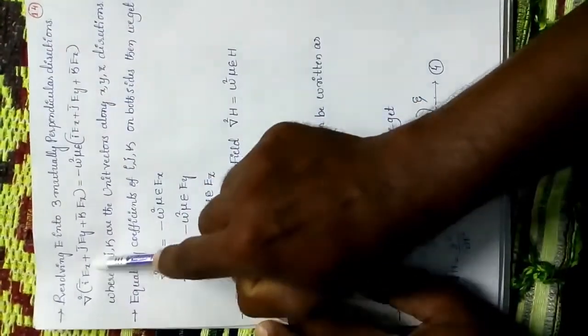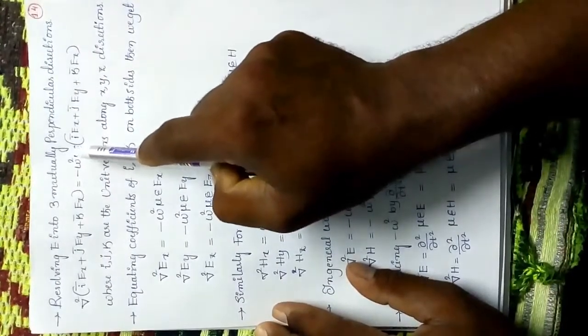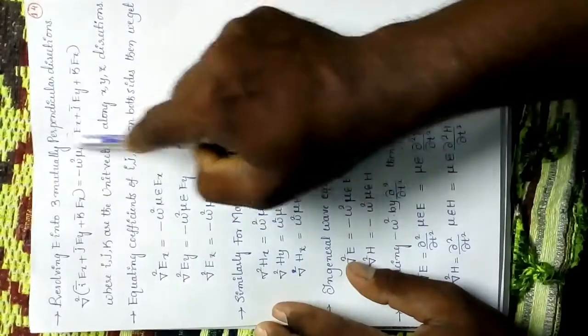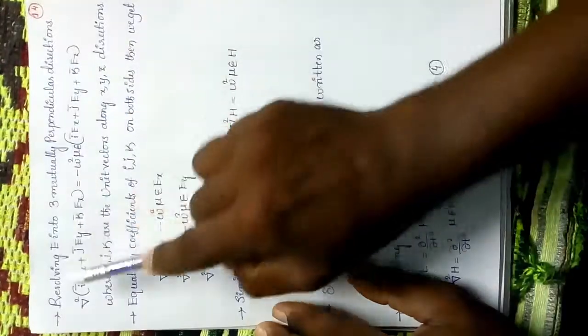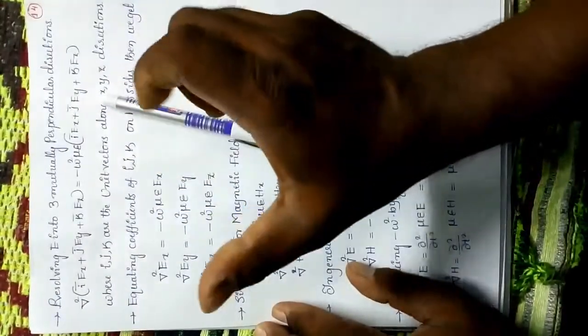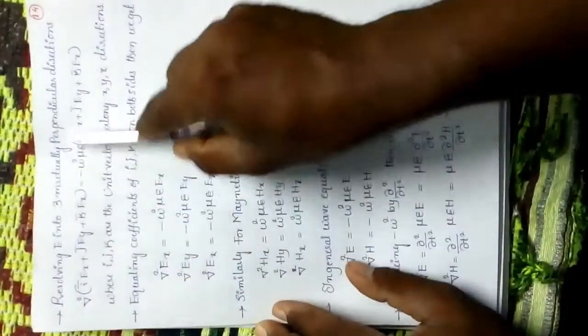Del square of this term is equal to minus omega square mu epsilon into I Ex plus J Ey plus K Ez. After multiplying this term with this term, and this one with this term, some equalities are there. That is I, J, K. The I term is on the left hand side, and the I term is on the right hand side also.